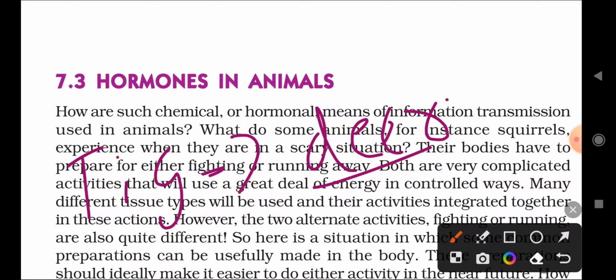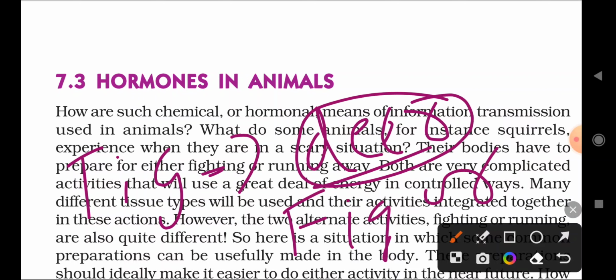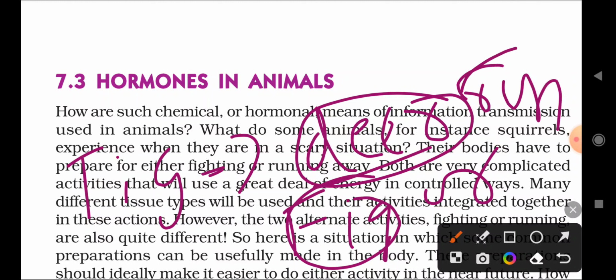The deer has two options: fight or run away. If the deer wants to fight, it requires a lot of energy, and if it decides to run away from the tiger, it also requires more energy.